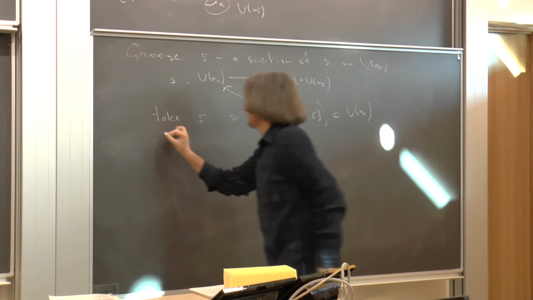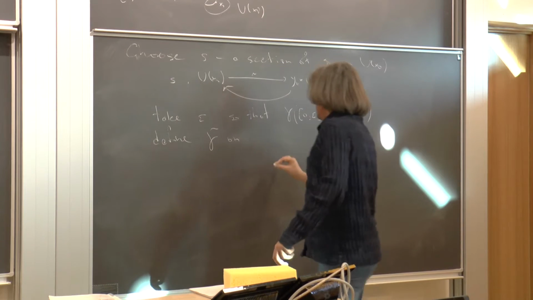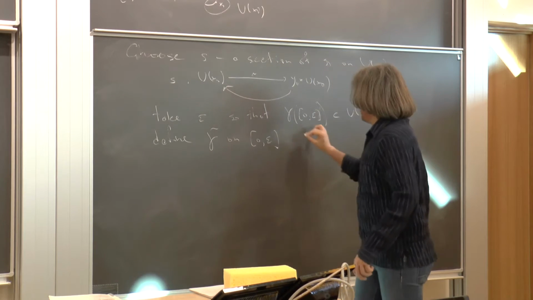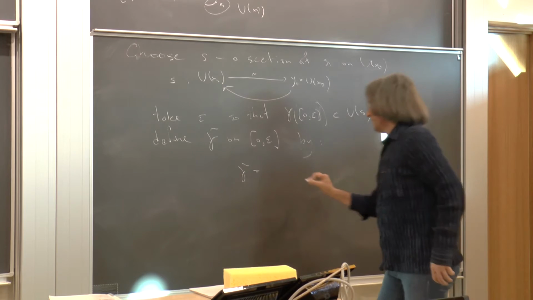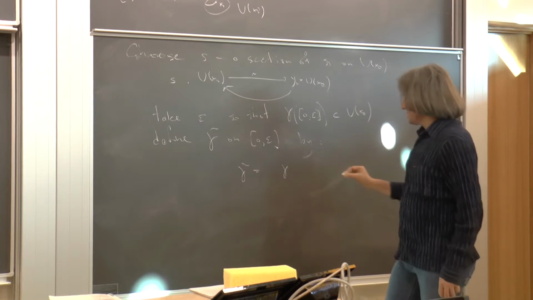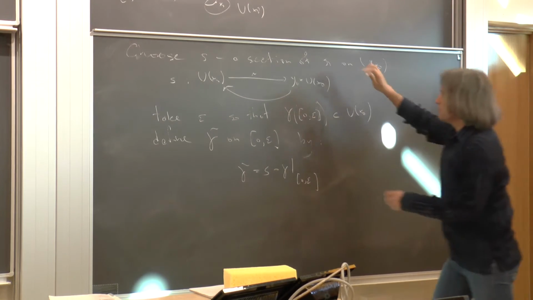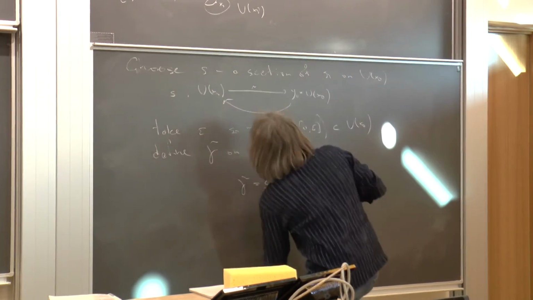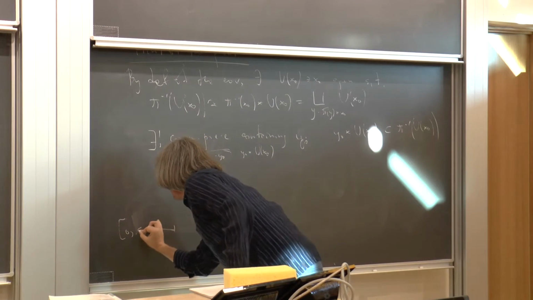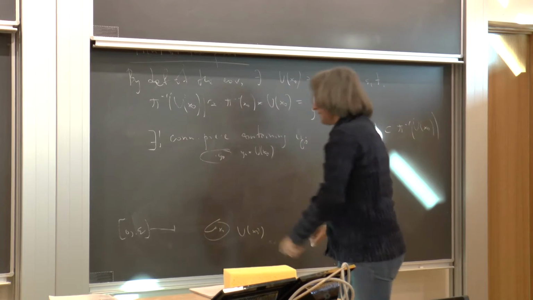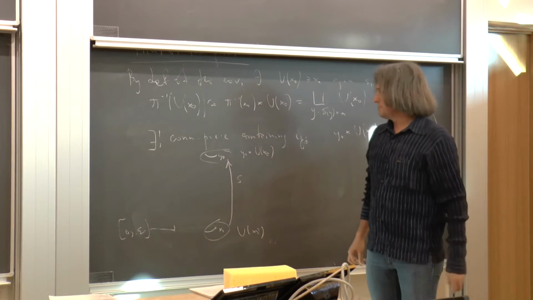So define gamma tilde on [0, epsilon] by gamma tilde equal to gamma restricted to [0, epsilon] composed with S. So that's what I drew here. There's a little part of the interval. It starts as a path, but I have a section here, S, so I can start this path here as well.